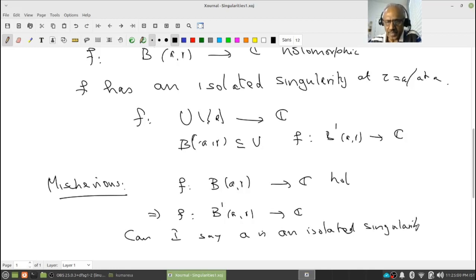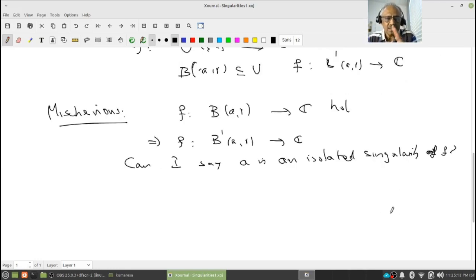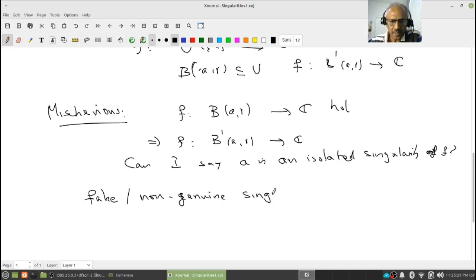That is, I am hiding the behavior of f at A. But technically, I can still say that. Even though this is not a genuine singularity, it is a fake singularity, our precise definition allows us to say this. Still, I can say f has an isolated singularity at A, but it is fake because I am not giving the full fact. That's the reason.